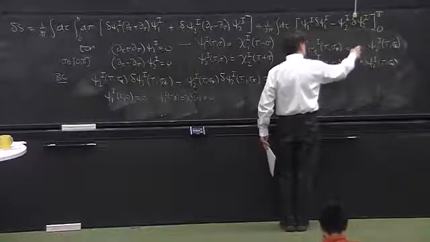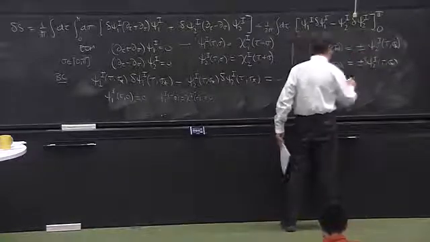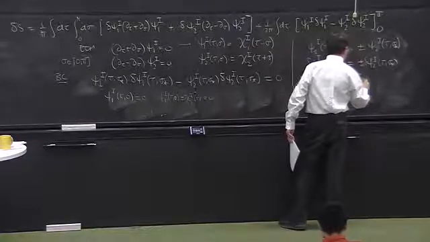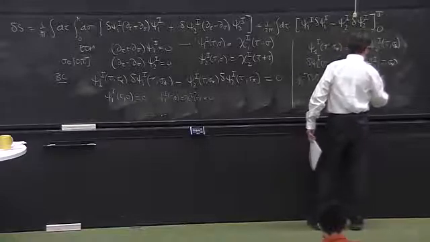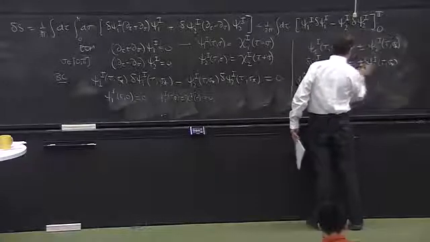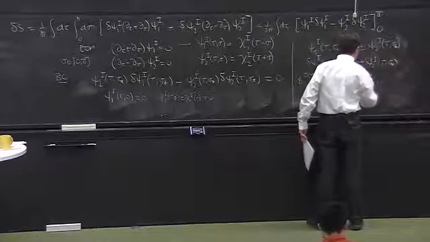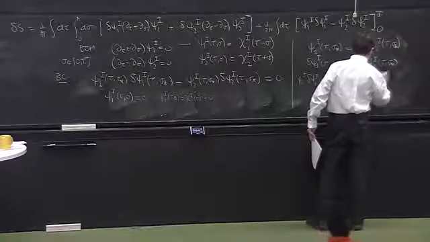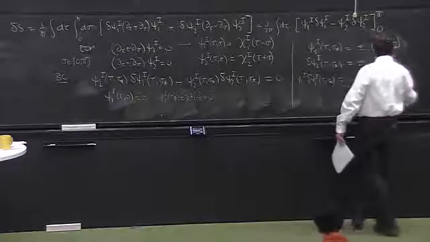The plus and minus go with each other, so you get plus psi 2I delta psi 2I of tau sigma star.